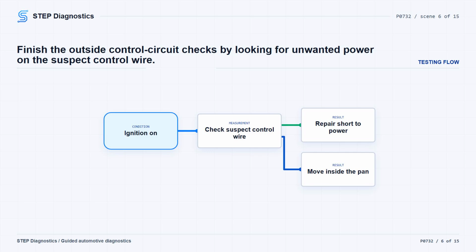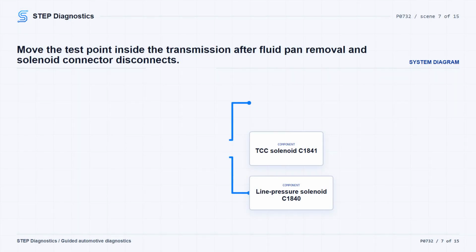After that, turn the ignition on and check the same suspect control circuit for a short to power. If any voltage is present, repair the short to power. If no voltage is present, keep moving through the circuit. Now move to the internal wiring harness checks. Turn the ignition off, drain the transmission fluid, remove the transmission fluid pan, and disconnect the TCC solenoid at C1841 and the line pressure control solenoid at C1840.